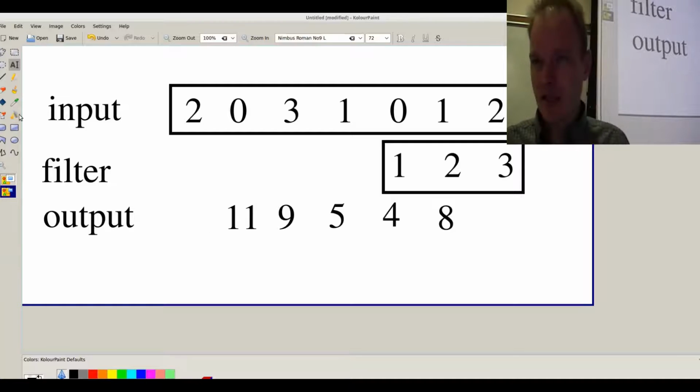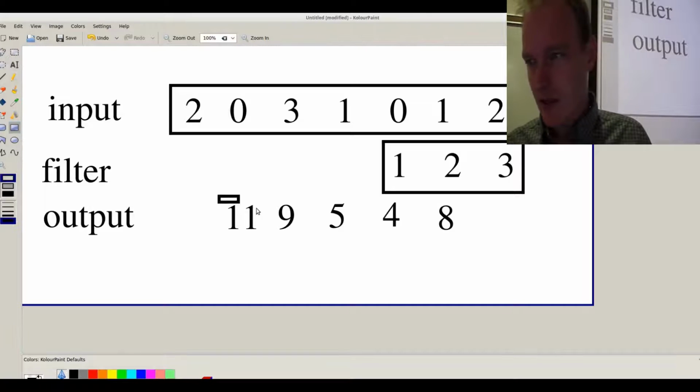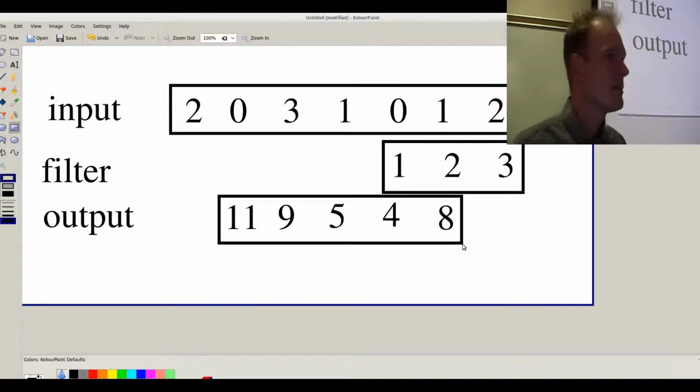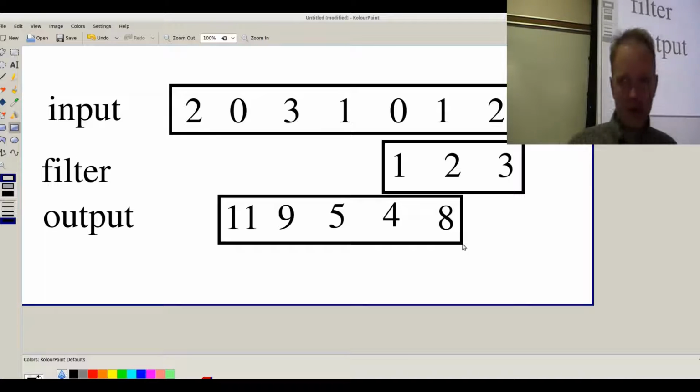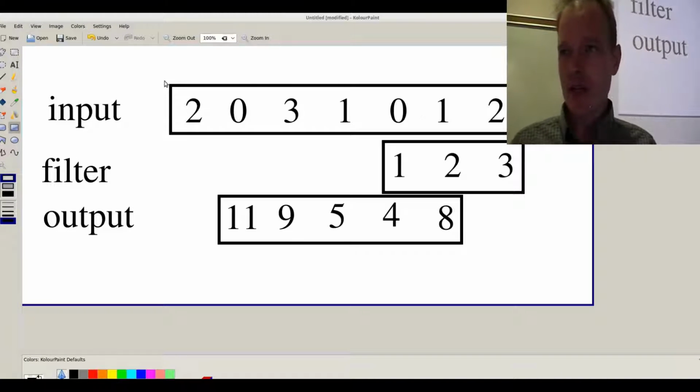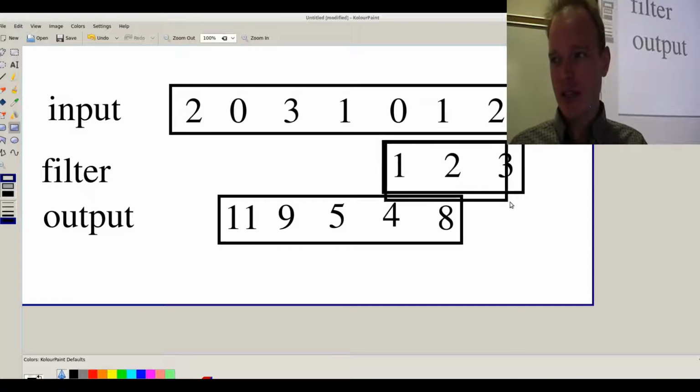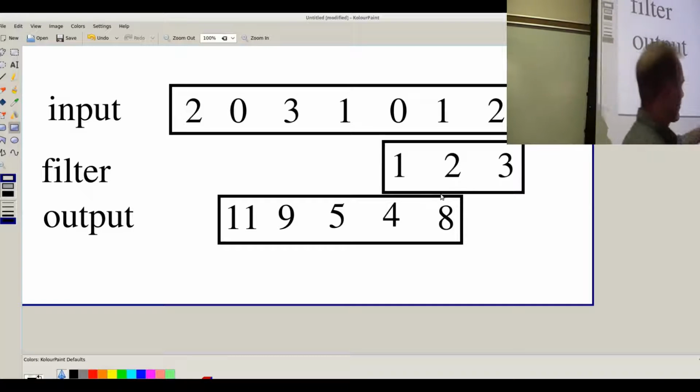Notice something interesting. The output is a different size than the input, right? Suppose I were to generate an arbitrary input size vector and an arbitrary filter size. Can you tell me a math equation that would compute the output size?